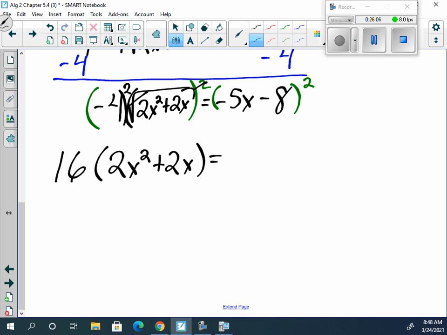Now, on the other side, we're actually going to have negative 5x minus 8 times negative 5x minus 8. And oddly enough, we'll see this in a second, everything on the right-hand side is going to be positive.